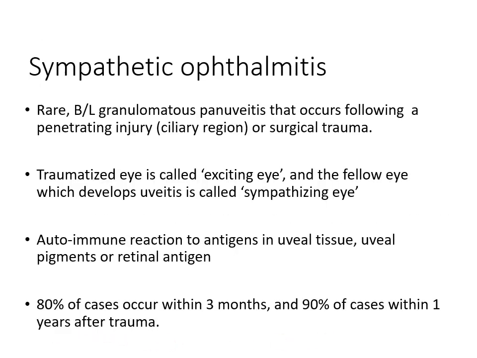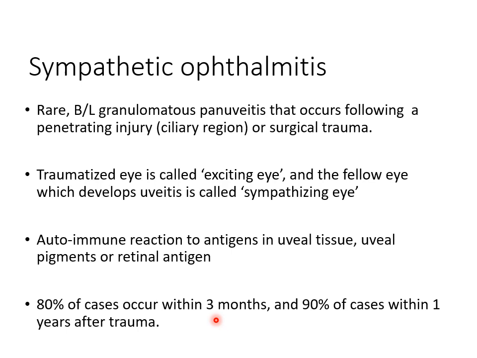Coming on to sympathetic ophthalmitis. This is a rare bilateral granulomatous panuveitis that occurs following a penetrating injury or surgical trauma. The eye that is traumatized or damaged is the exciting eye, and the fellow eye is the sympathizing eye. This is believed to be an autoimmune reaction to antigens in the uveal tissue, uveal pigments, or retinal antigens.